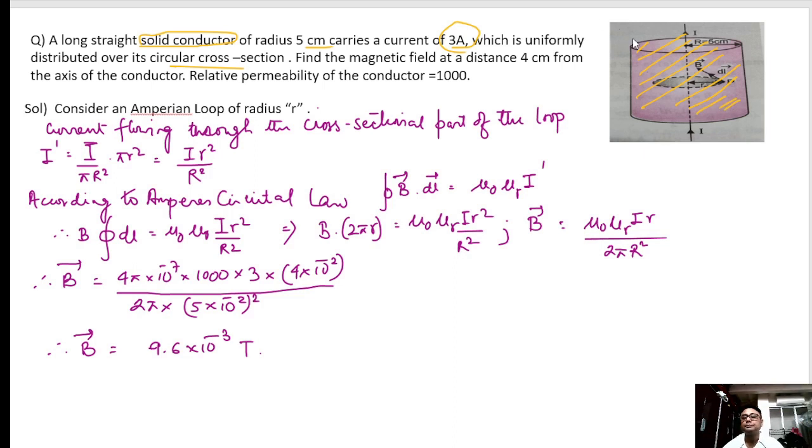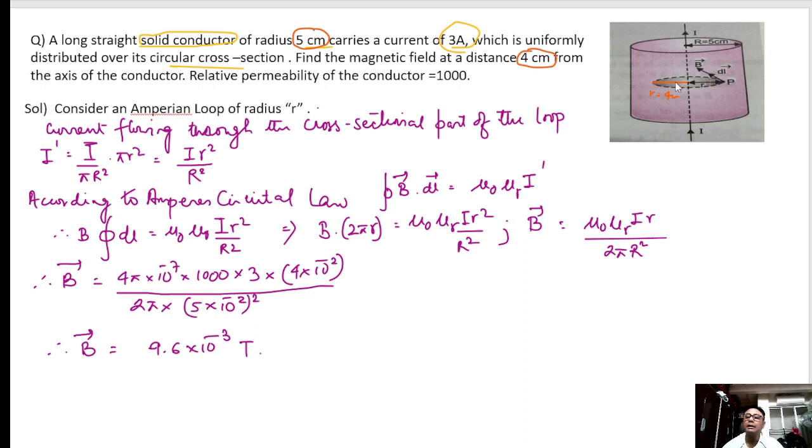So if we now see this, they are asking what is the magnetic field at a distance of 4 centimeter. See, the wire is of radius 5 centimeter and they are asking at a distance of 4. That means this is 4 centimeters.